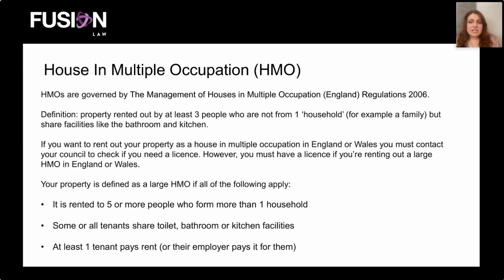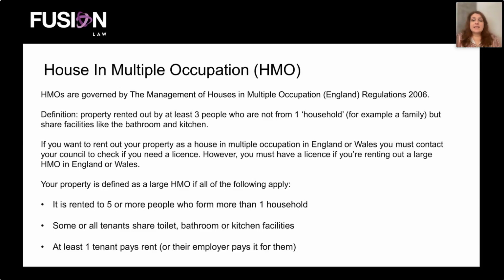There is also additional HMO licensing, which applies to smaller HMOs, which are let to 3 or 4 unrelated people who form 2 or more households with a shared kitchen and bathroom. Again, this one applies to certain areas which are designated by the local authority.